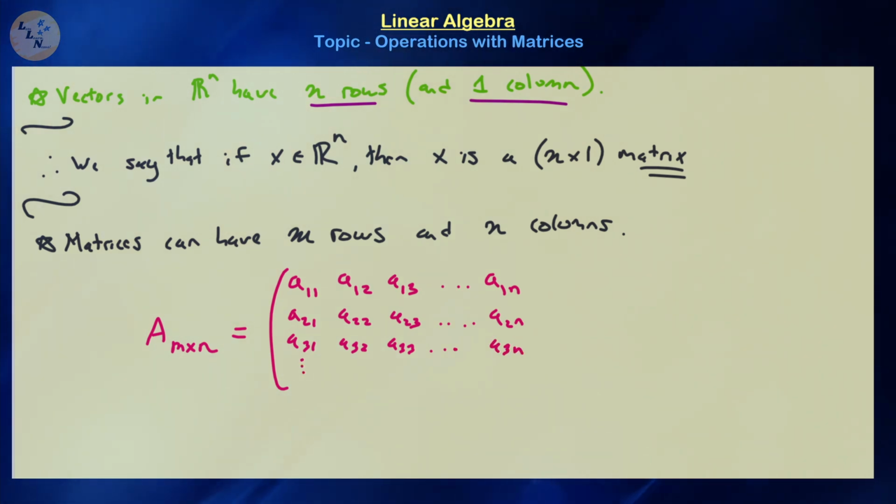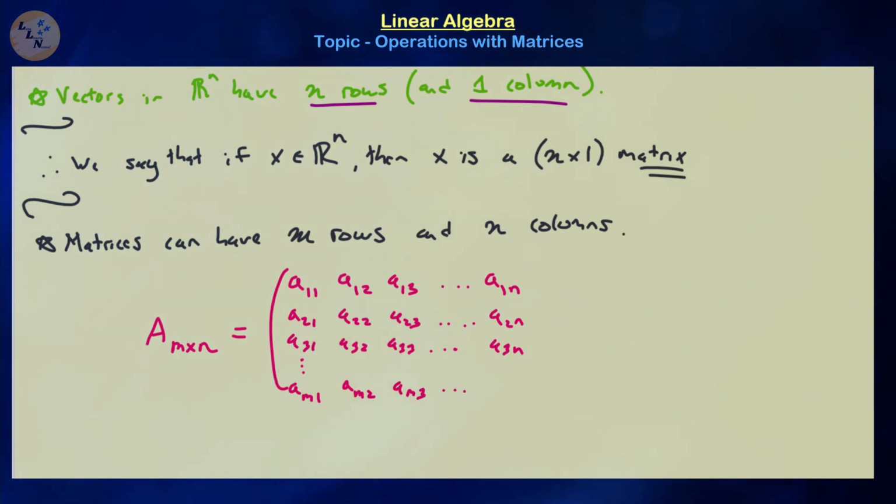This continues all the way down to the last row, which is by definition row m: Am1, Am2, Am3, all the way down to Amn. This is what we refer to as an m by n matrix that has m rows and n columns.